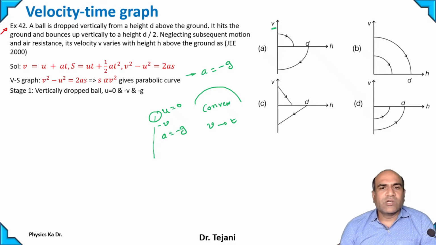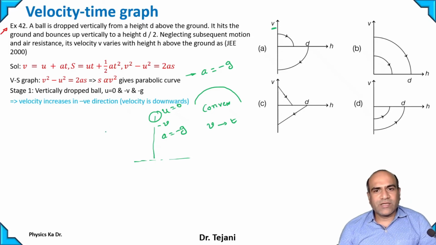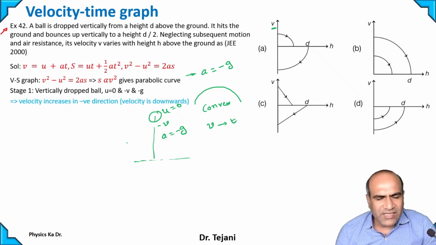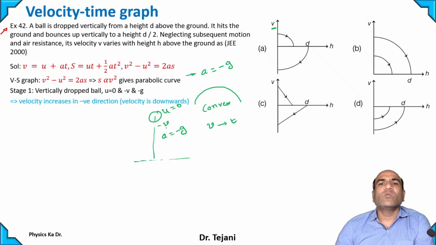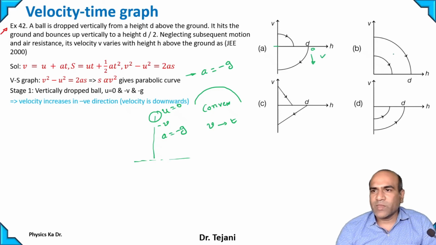So velocity decreases, or you can say increases in the negative direction, vertically downward. In the first case, velocity starts from 0. If you check this velocity, is it starting from 0? Yes, it is starting from 0 and it is decreasing. Fine. So this one can be okay.